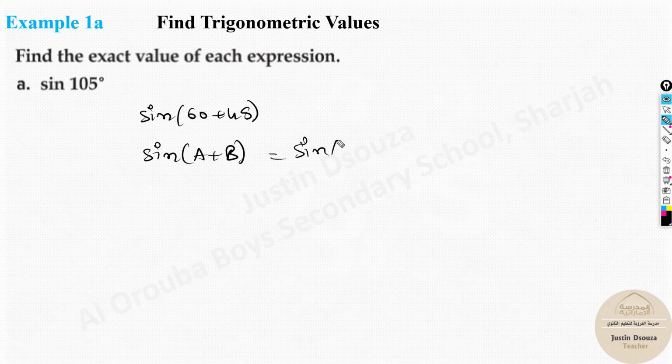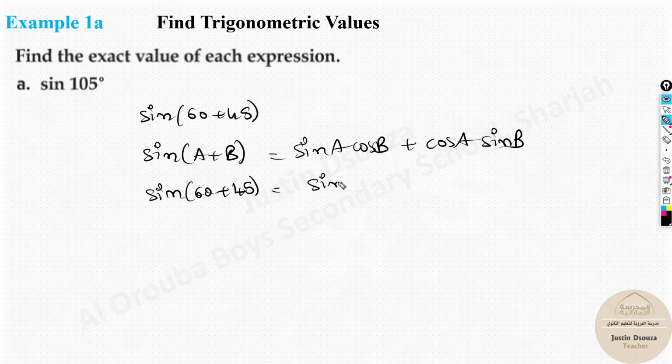It is sine A cos B plus cos A sine B. Now this identity can be used. All you need to do is, instead of A, use 60, and instead of B, use 45. Here it will be sine 60 times cos 45 plus cos 60 times sine 45. This is the thing.